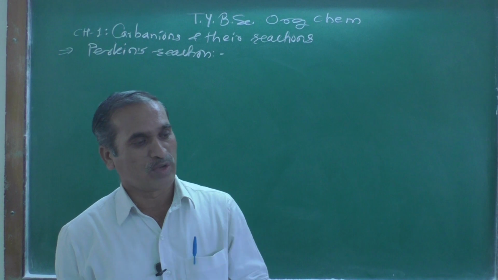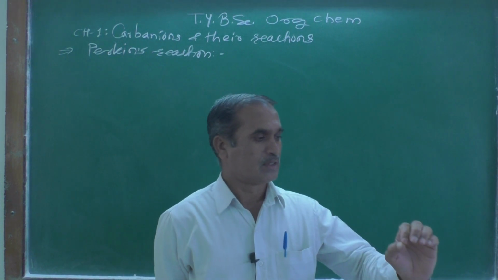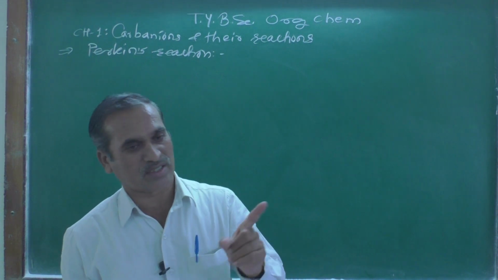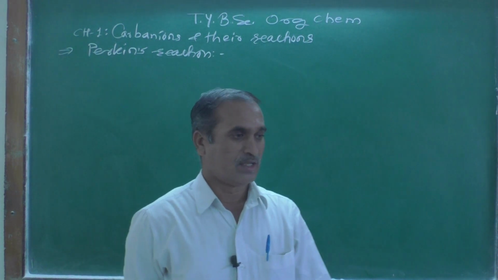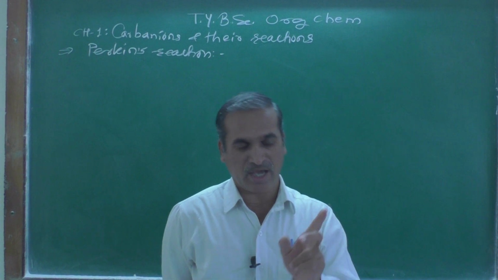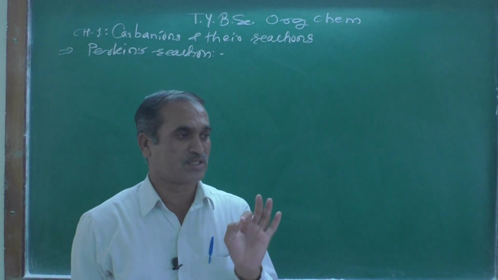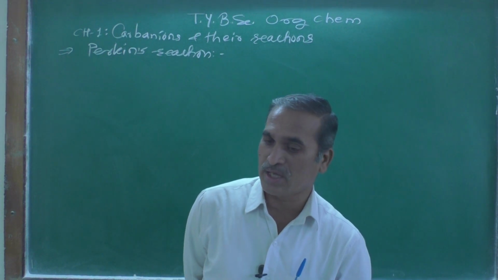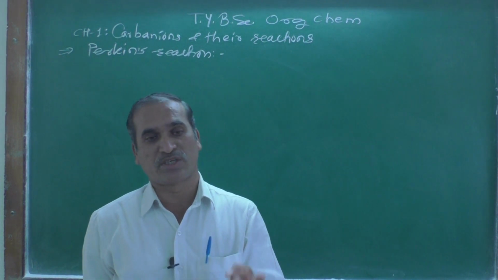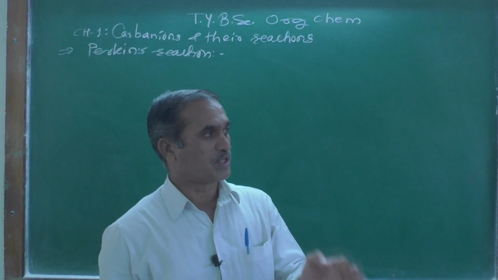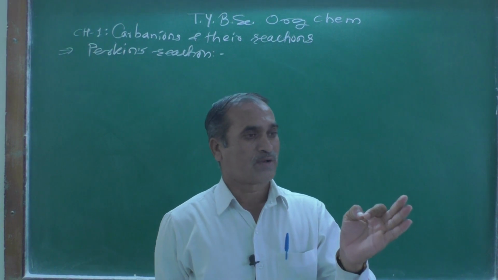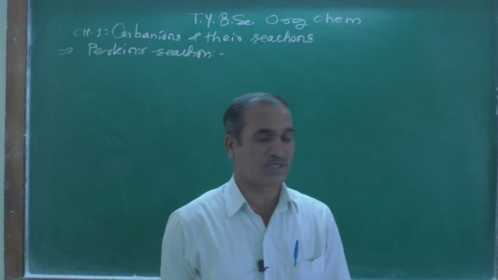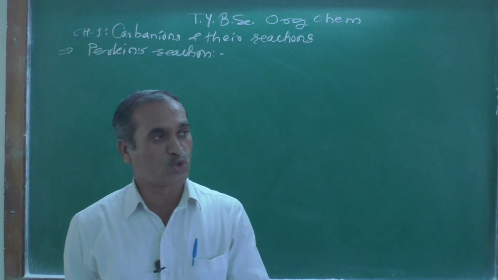So far we have learned two important reactions: one is aldol and the second is Claisen. Both are proceeding via a carbanion, and that's why condensation takes place, and therefore they are known as nucleophilic reactions.